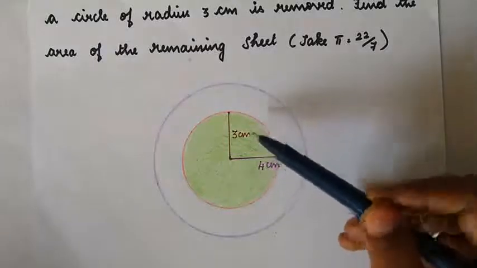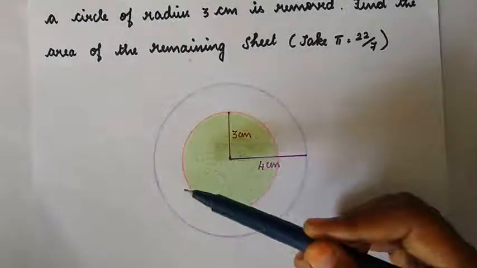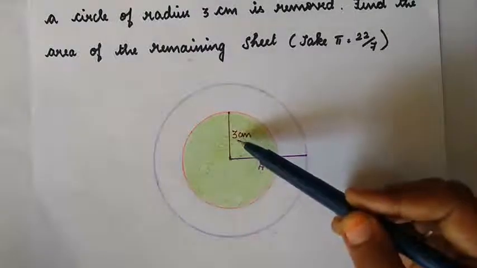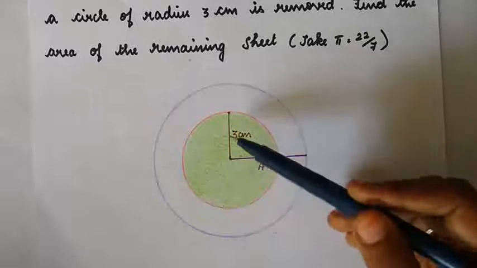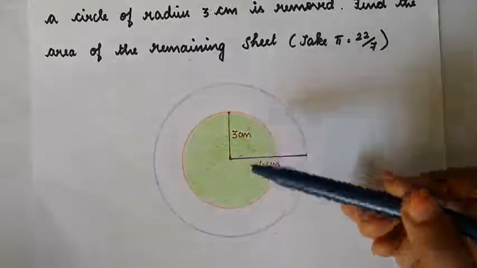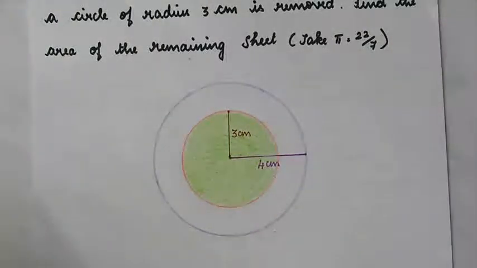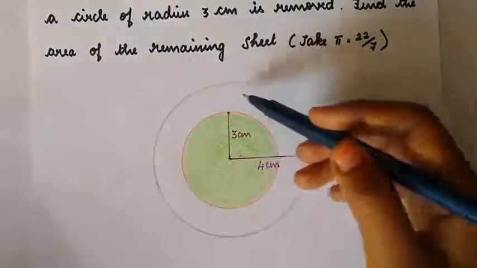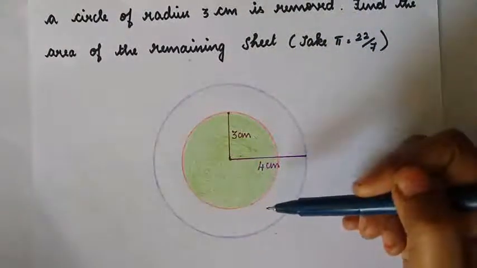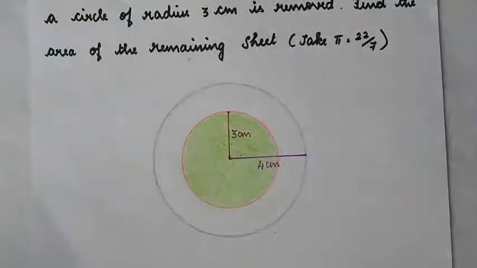Then we have to find the area of the smaller circle of radius 3 cm. Then we have to subtract these two. What would you get? We get the remaining area, this area. This is what we want to find out.